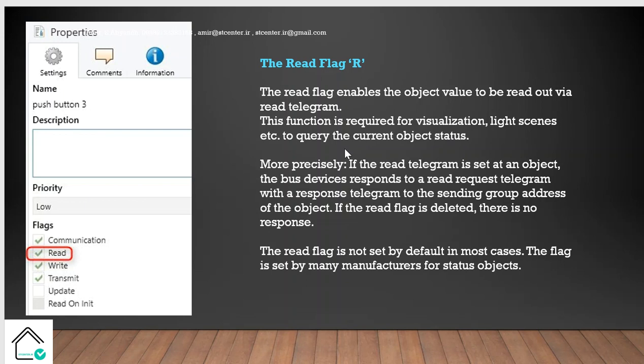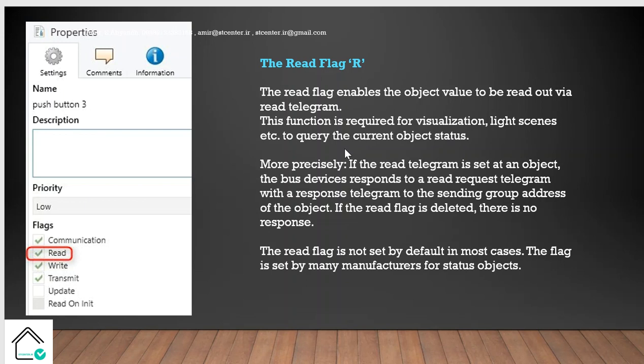This function is required for visualization, light scenes and so on, to query the current object status. If we want to go deeper, if the read flag is set at an object, the bus device responds to a read request telegram with a response telegram to the sending group address of the object. If the read flag is deleted, there is no response.